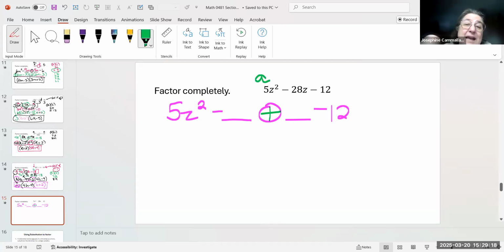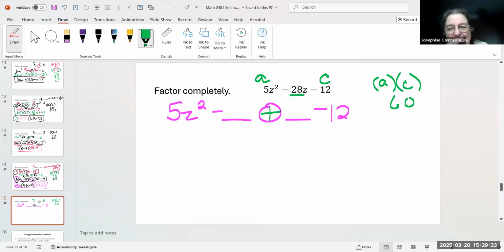The 5 is my A, the 12 is my C. A times C is 60. But notice, I want 28 there. But because these signs are different, I'm subtracting.